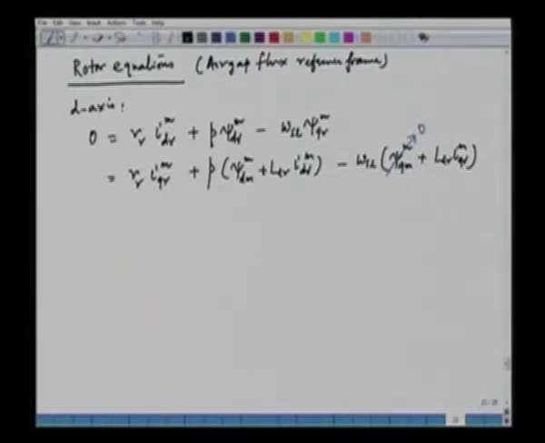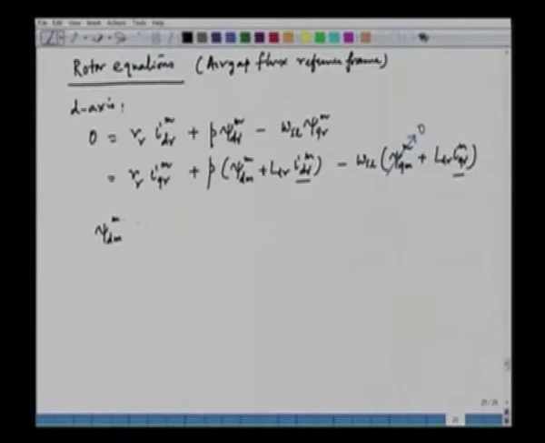So if this flux is 0, we can further rewrite this equation in the following fashion, and before that what we will do here is the following. We will try to replace for psi dr and psi qr. So what we will do here, we can find out the expression for idr and iqr.